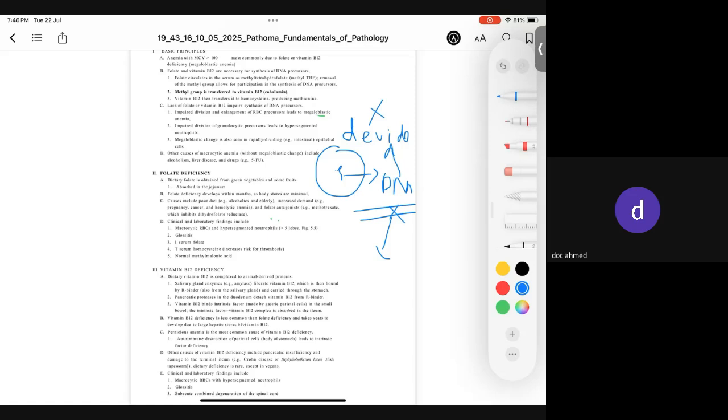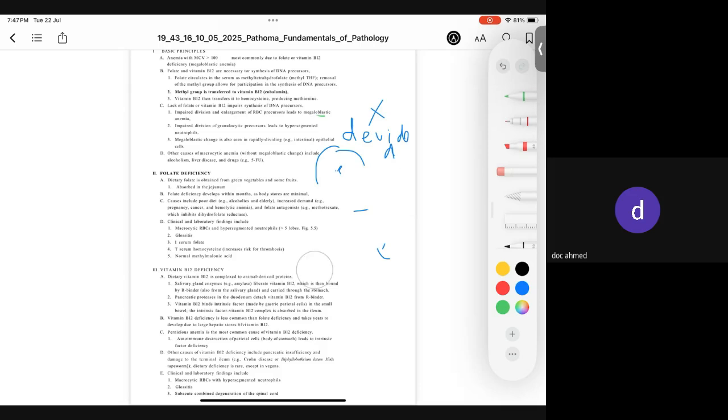The neutrophils are highly metabolically active, dividing cells, so they are highly dependent on DNA. Your red blood cells are also highly dividing cells. They only have 120 days in which they are going to renew, right? So if we affect DNA inside your body, these three cells are going to be the first to show symptoms of that decreased DNA because they are highly dependent on DNA activity. Am I right? Yes. Okay, perfect.